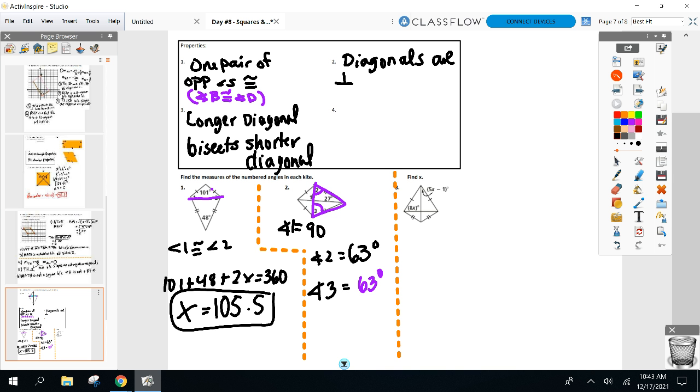All right, so first, diagonals are perpendicular. The top triangle is isosceles. So if that's 8x, we also know this angle is 8x. Now we know all 3 angles in a triangle: 90, 8x, and 5x minus 1 all add up to 180.